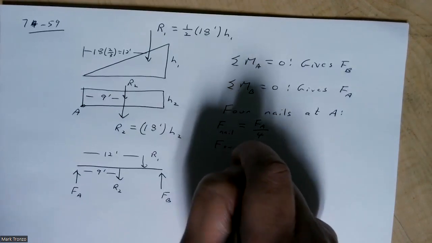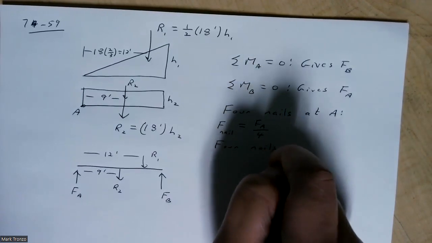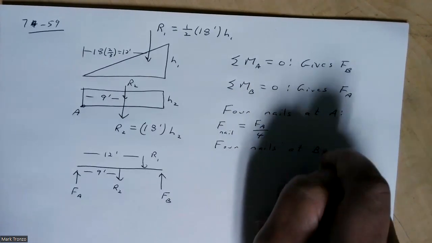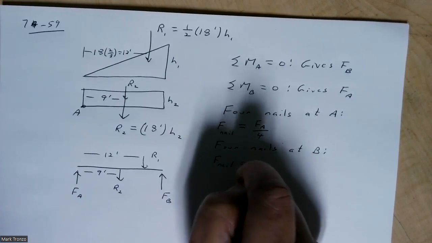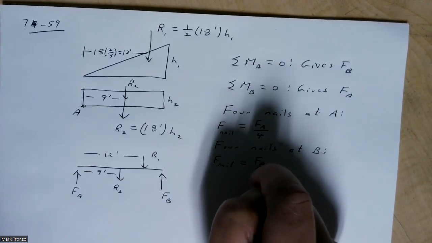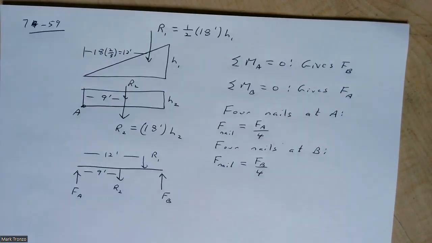There are also 4 nails at B, and the force there is going to be FB divided by 4.